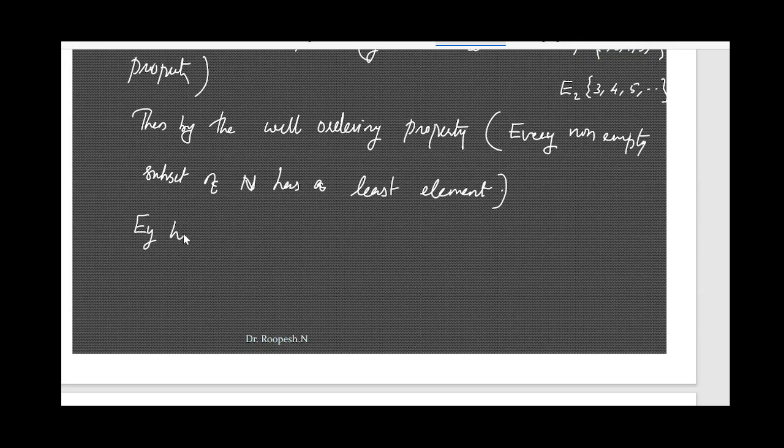E_y has a least element. Say I am denoting it as n suffix y. Okay. Then it is the least element. Then n_y minus 1 does not belong to E_y, right? Take E_2. Now in E_2, 3 is the least element. Then 3 minus 1 is 2, and 2 does not belong to E_y, right?